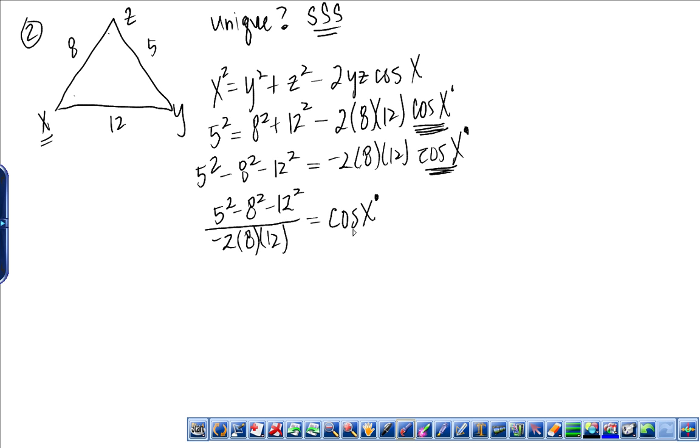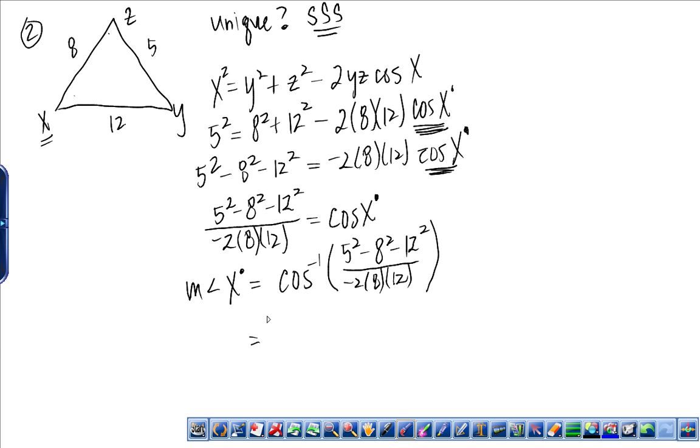All right, and then the last thing, if I really wanted to find out what x was, I'd have to move my cosine over. So to find the measure of angle x, I would do an arc cosine of 5 squared minus 8 squared minus 12 squared over negative 2 times 8 times 12.